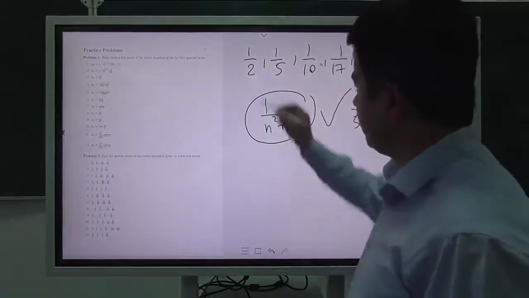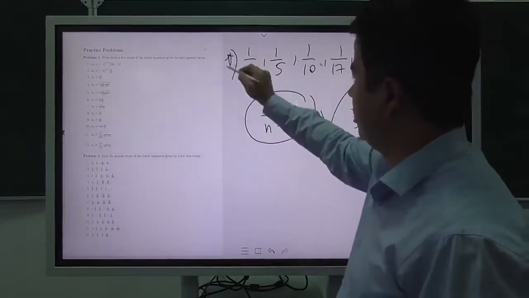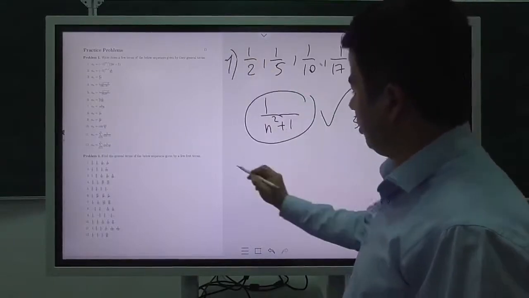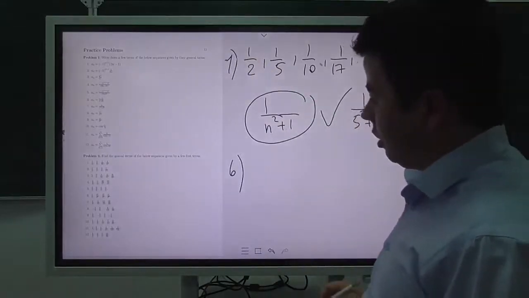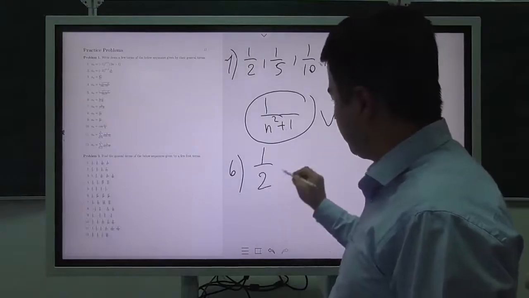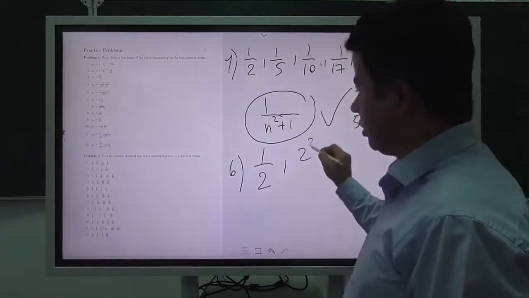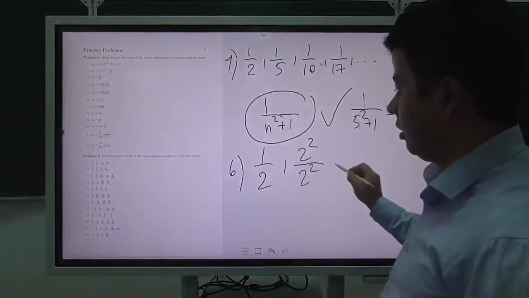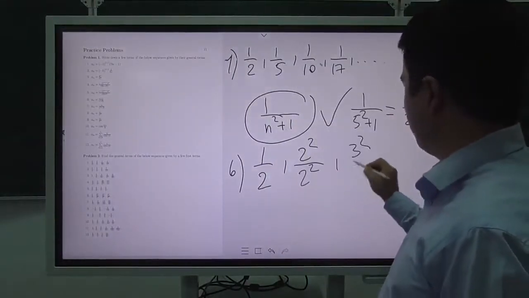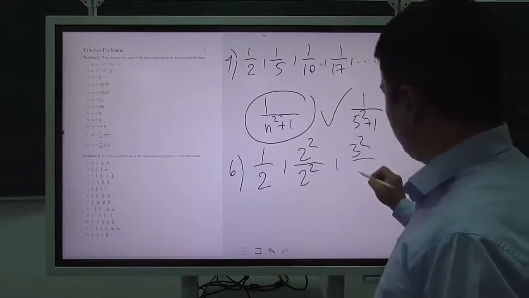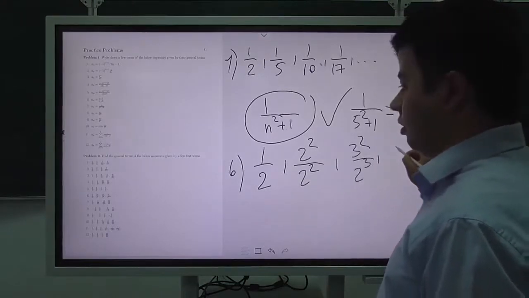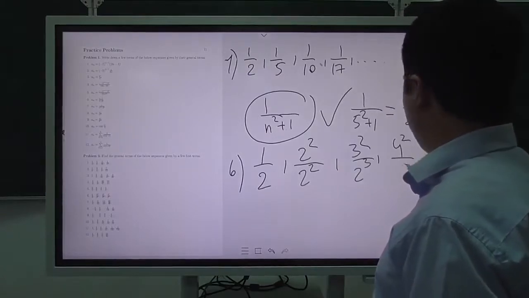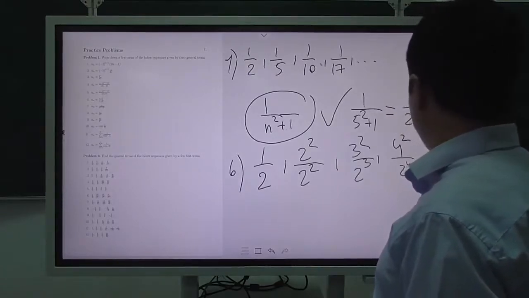For example, number 6 here. It was number 1. Number 6 now. So, 1 over 2, 2 squared over 2 squared, 3 squared over 2 cubed, and 4 squared over 2 to the fourth degree.